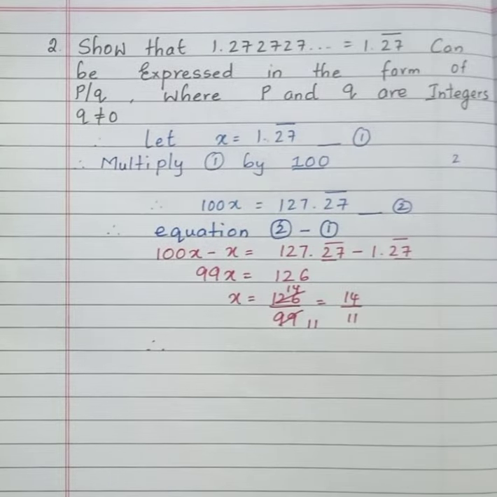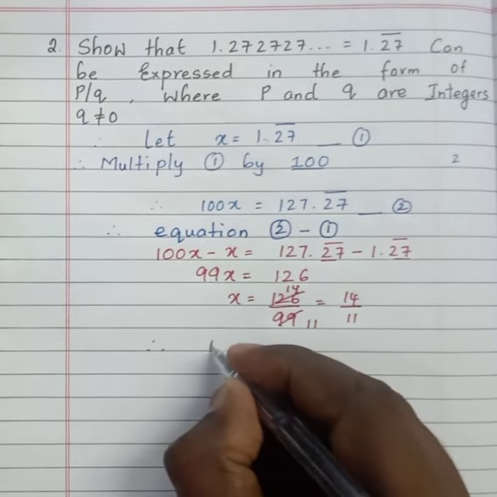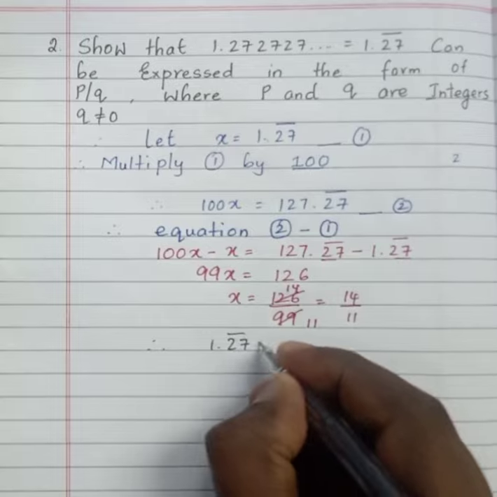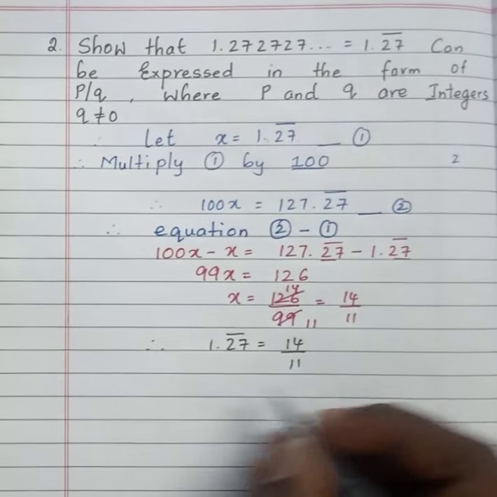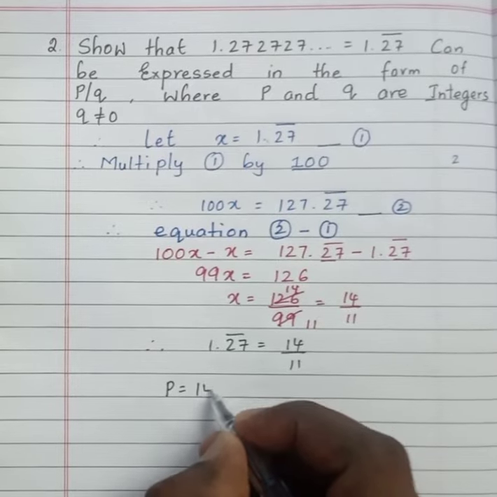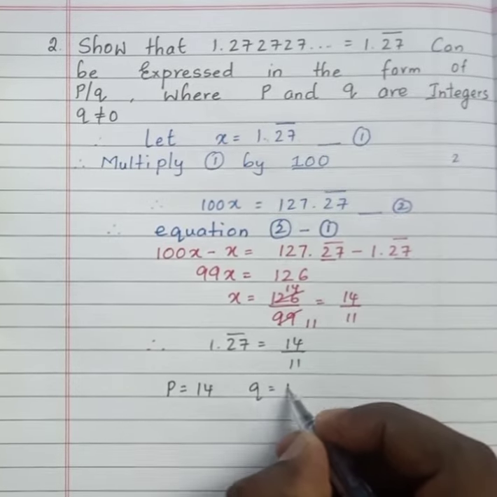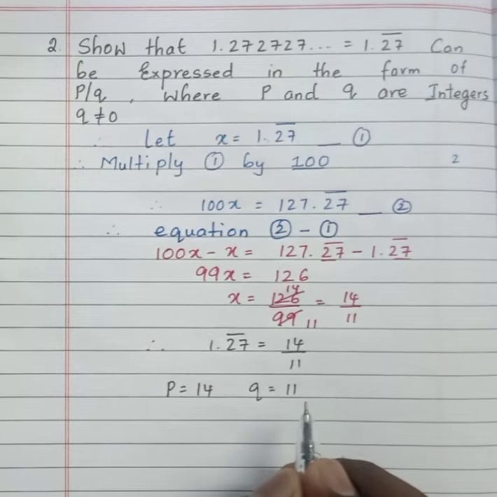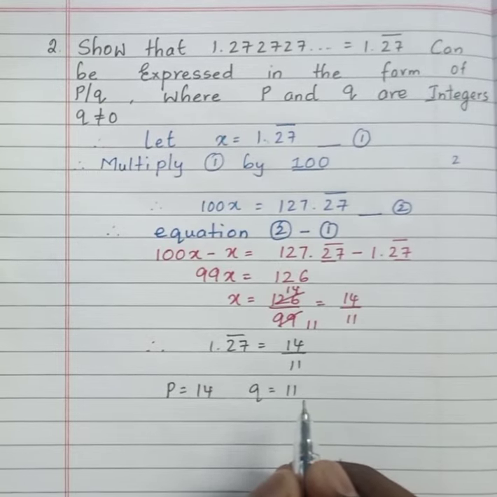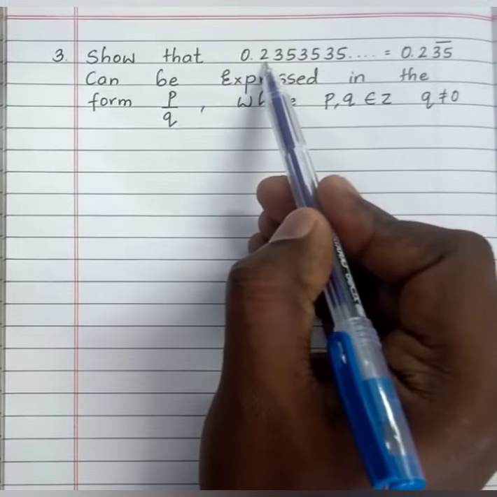Therefore, what we have assumed, x equals 1.27 recurring, is equal to 14 by 11. What is p here? p equals 14, q equals 11. Therefore, I have expressed 1.27 recurring, that is non-terminating recurring decimal expansion, as p by q.